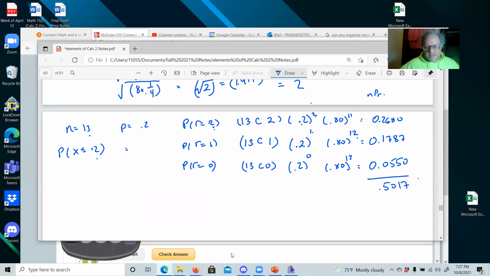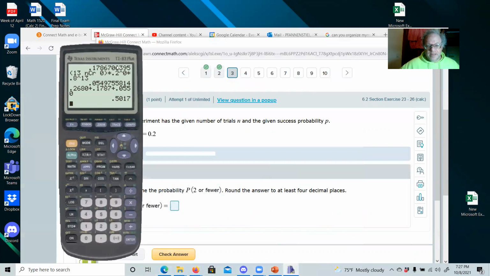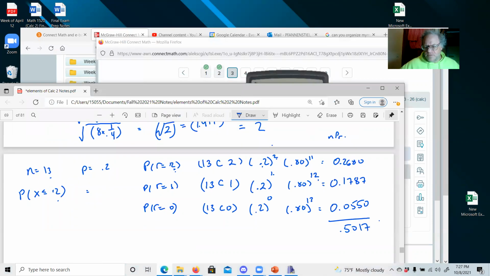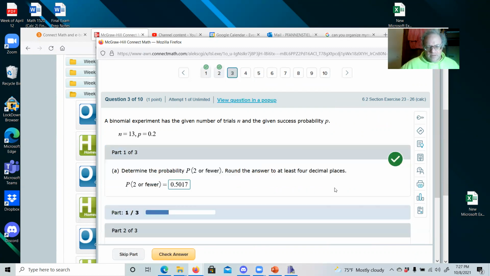Okay, let's hope we round it in the same spot. You never know. Okay. So 2 or fewer, go back here, 0.5017. All right. Fingers crossed.